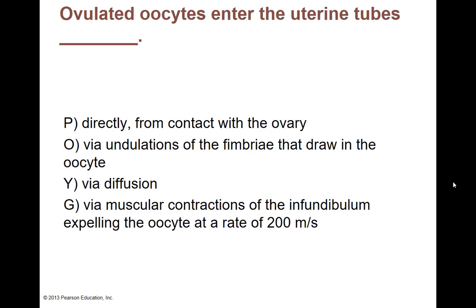And finally, my last of the review questions. So find your colored note cards. And the question: ovulated oocytes enter the uterine tubes, fallopian tubes, whatever you want to call them, blank.